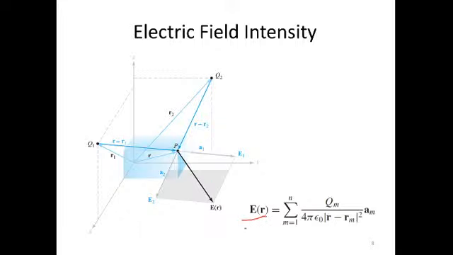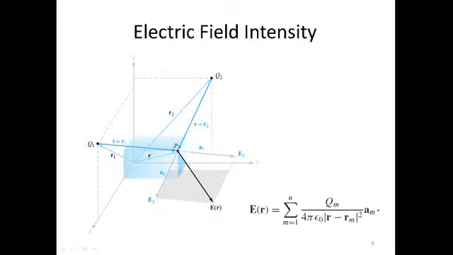The total electric field intensity is represented as a function of R, and it is the summation where the index is m, starting at 1 to small n, of the magnitude of the charge Qm divided by 4 pi epsilon 0, and then mod square of the difference R minus Rm, into the unit vector.